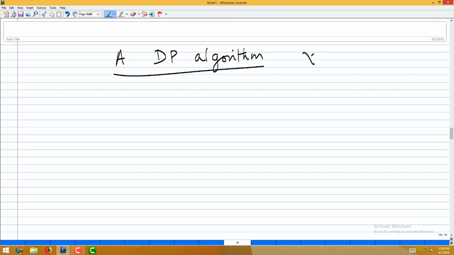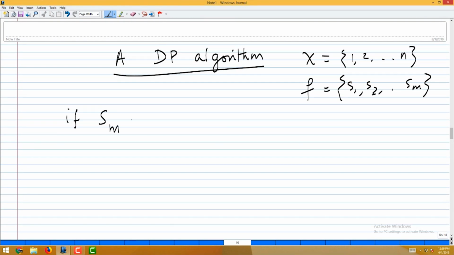So, I have my universe and my family contains S1, S2, up to Sm. We will try to detect some optimum substructure property. Actually, I think we probably did something similar for knapsack or some such thing. Okay. So, if Sm is in my final optimum solution.